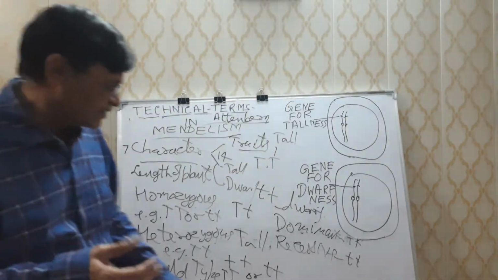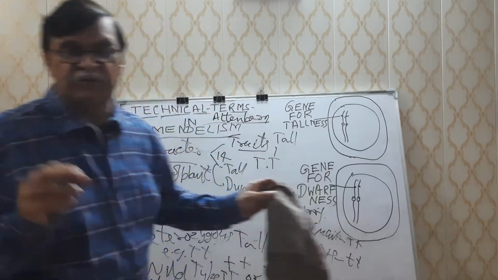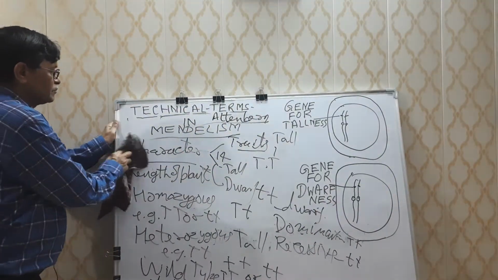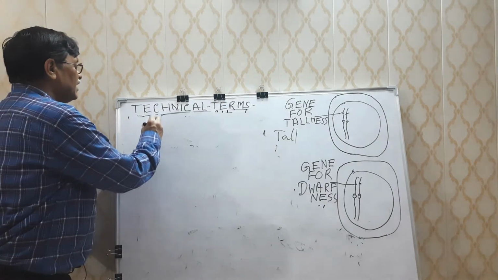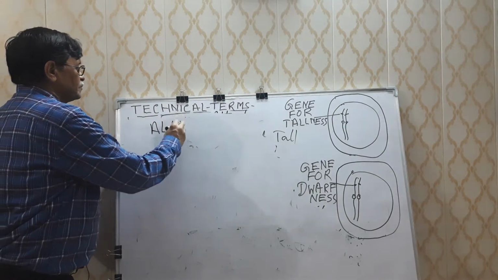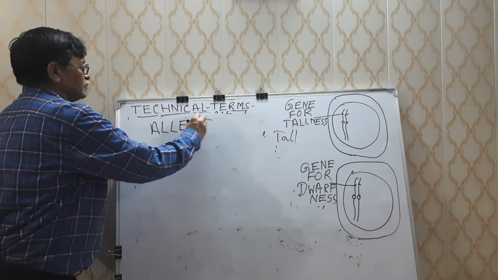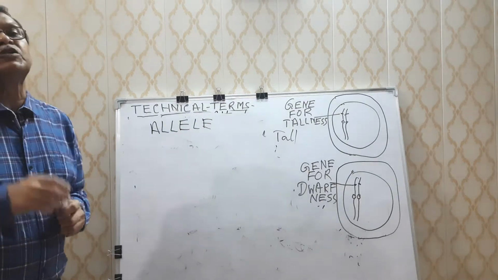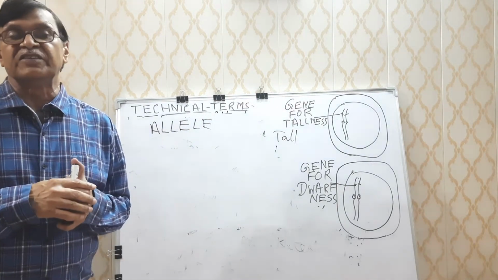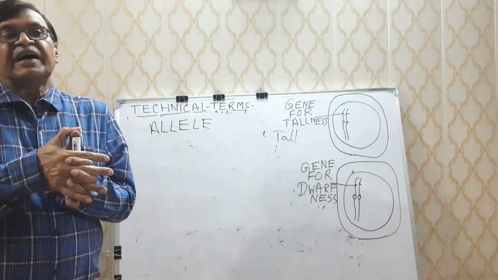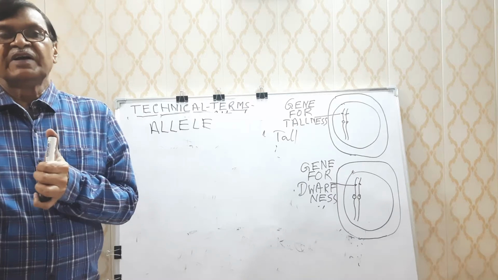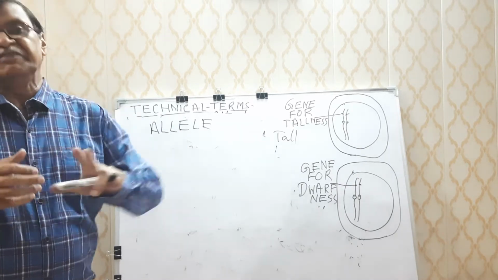Now let us discuss some more technical terms. Another term, allele. There are two explanations. Mendel had given one explanation, and later on a new expression for allele was given.